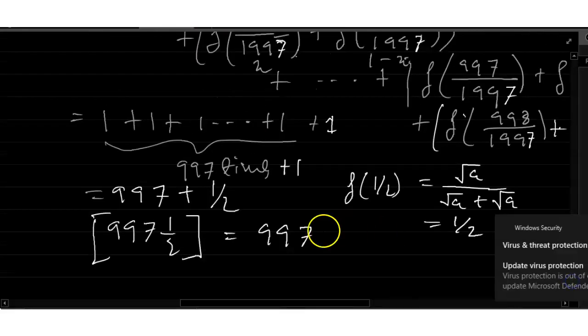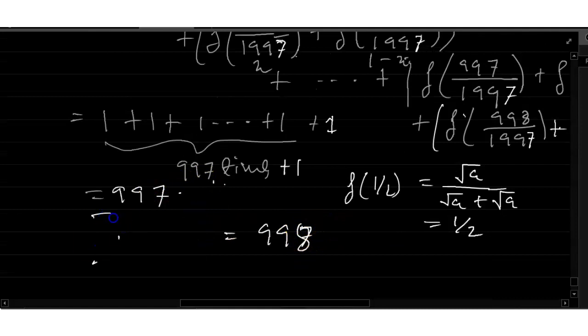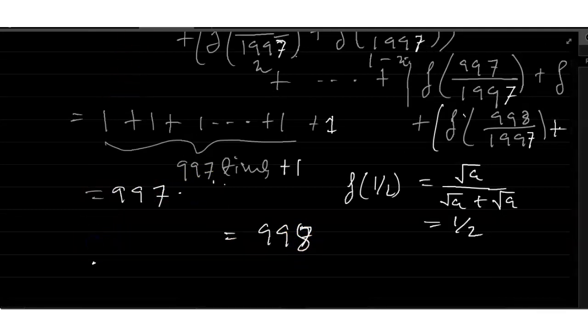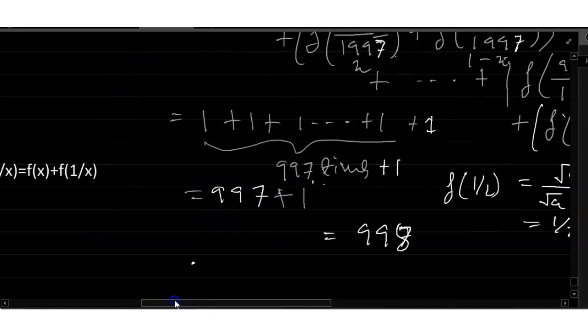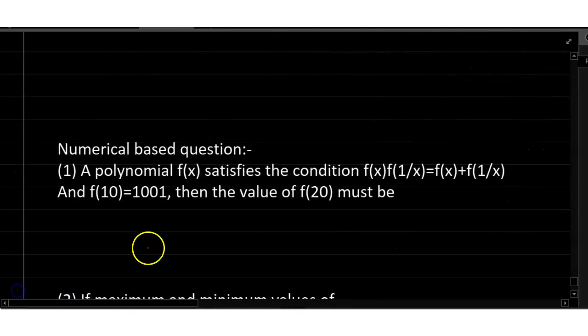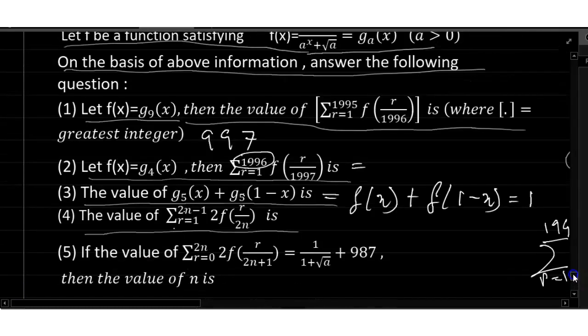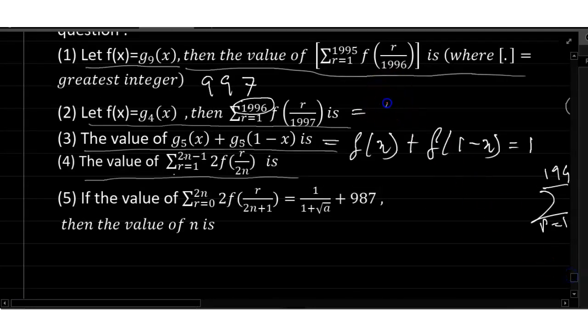So the value is 998. Same type of problem, friends, but the digit is changed, so it is 998. So I get the value 998.